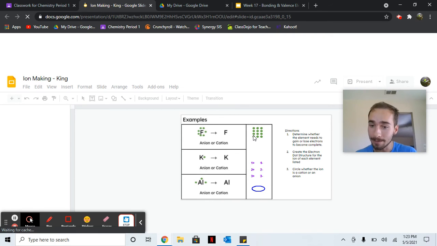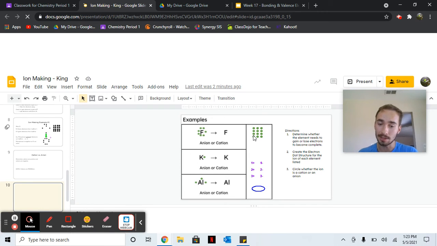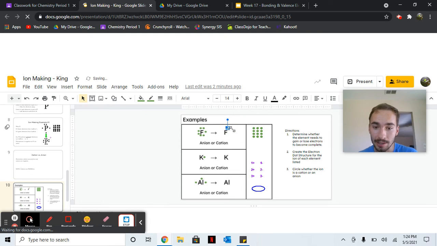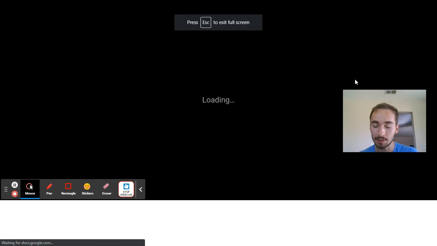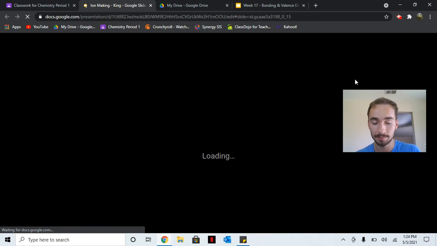So 7 is close to 8. Since 7 is close to 8, you're going to round up and grab 8 electrons. And make sure that fluorine has 8 electrons.